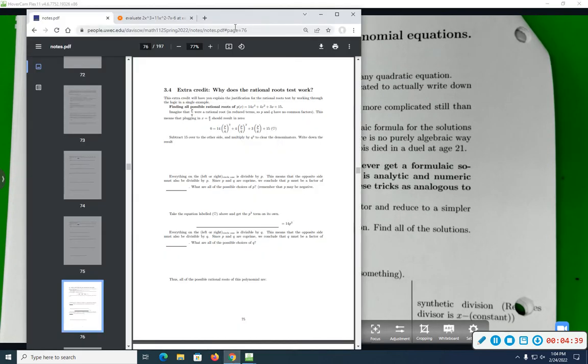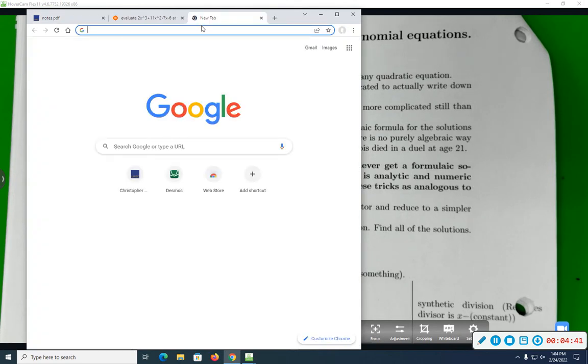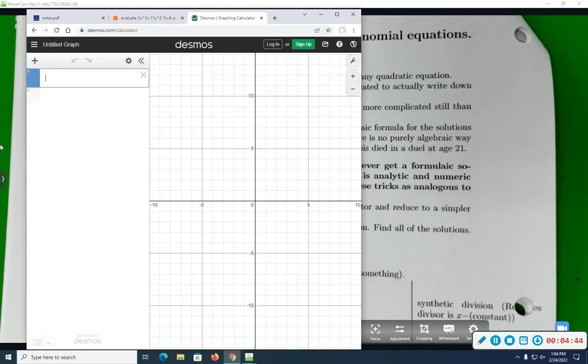Should have had Desmos pulled up beforehand. x to the 5th minus x minus 1. So just by looking at it, how many real solutions does that equation seem to have? 1. And it's about there. And if you wanted better information, you could zoom in and get a better estimate. So you do have that approximate technique for solving that, but you'll never be able to find an exact formula for the solution using only algebraic stuff.